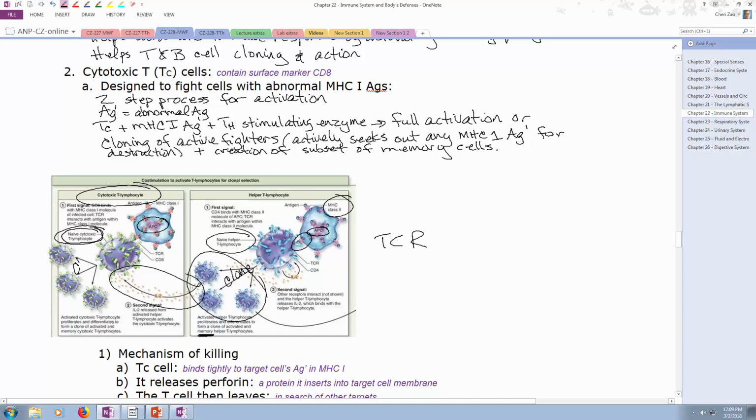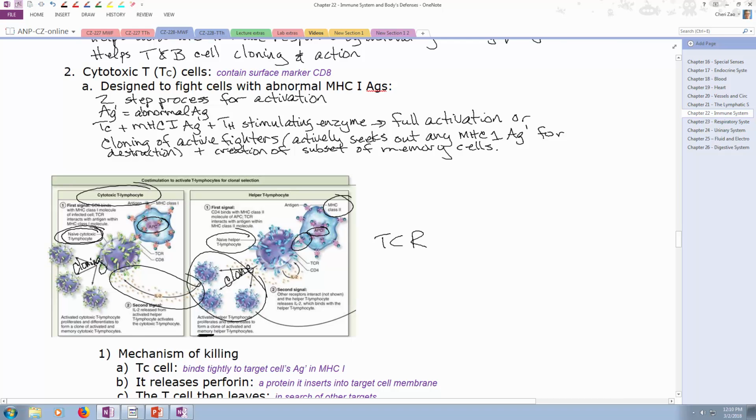And then again, we get cloning. And cloning will give you the worker bees and the reserves. So the memory cells are your cells in reserve. And so cytotoxic T cells are now looking for any cell that has that foreign antigen in its MHC1.